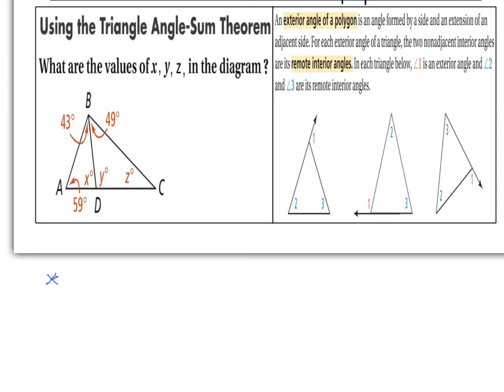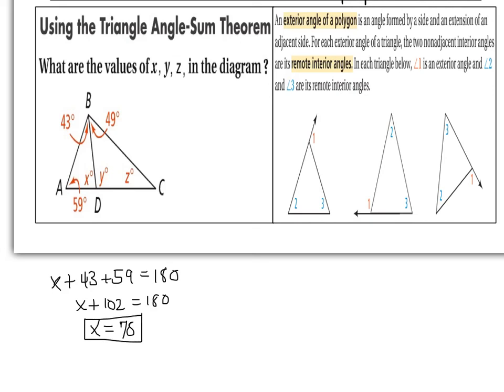X plus 43 plus 59, and that has to equal 180 degrees. That's going to help me figure out x. So really this is x plus 102 equals 180. And if I subtract 102, x is equal to 78. So x is going to be 78 degrees.